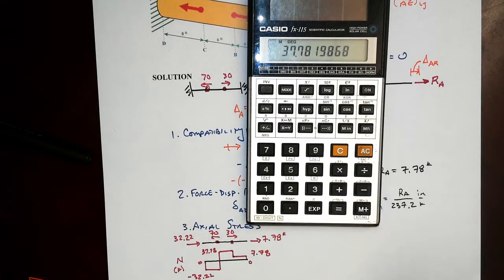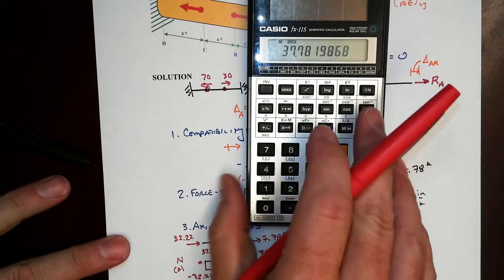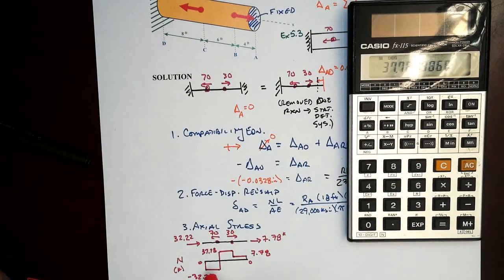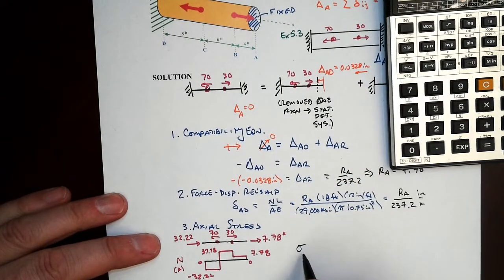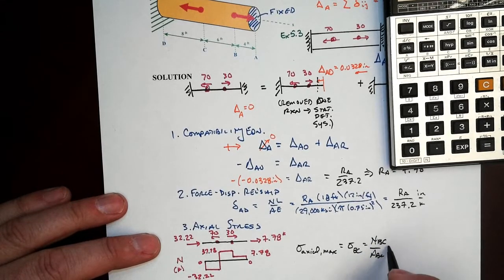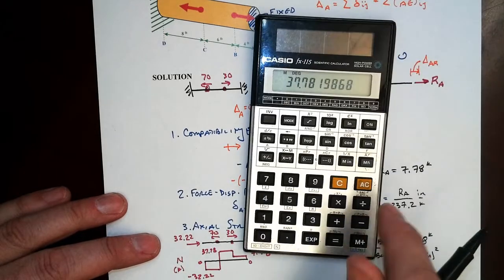So as you look through that, it's pretty obvious that given the cross-section is the same all the way through, the sigma max in terms of axial stress is going to be in the middle segment. That'd be BC, and then it's NBC over the area, and that's going to be our 37.78 kips over our pi times 0.75 inches squared.